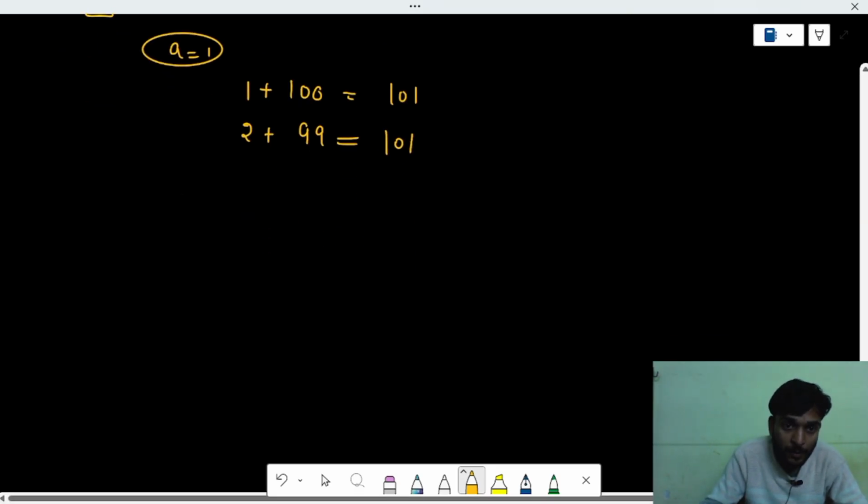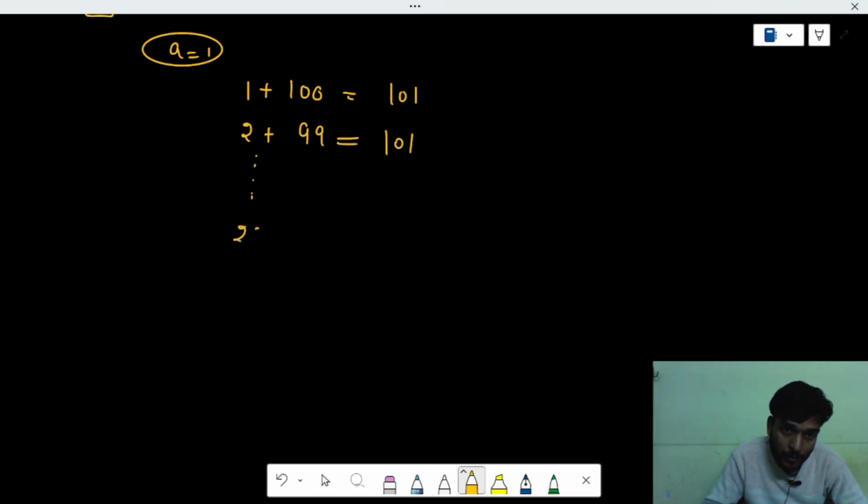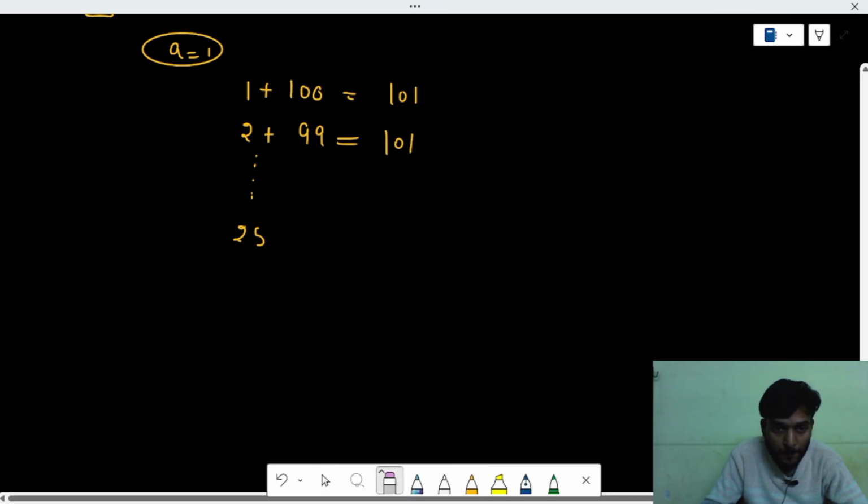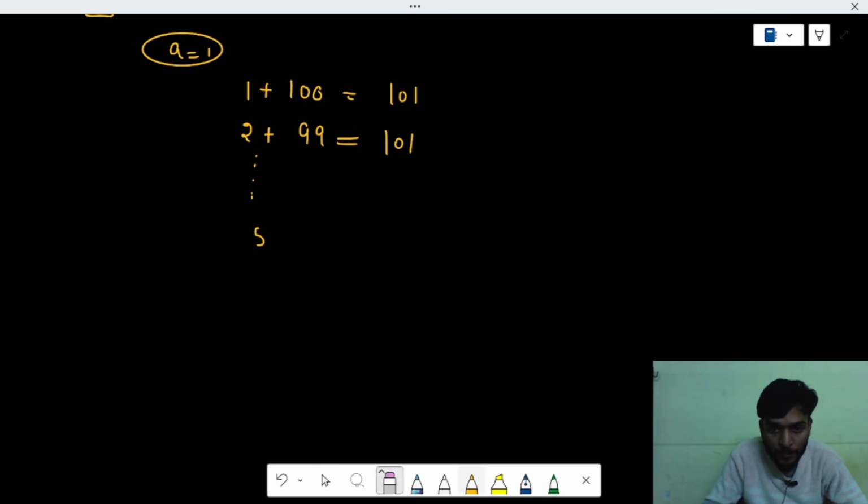And similarly 50 plus 51 is equal to 101.